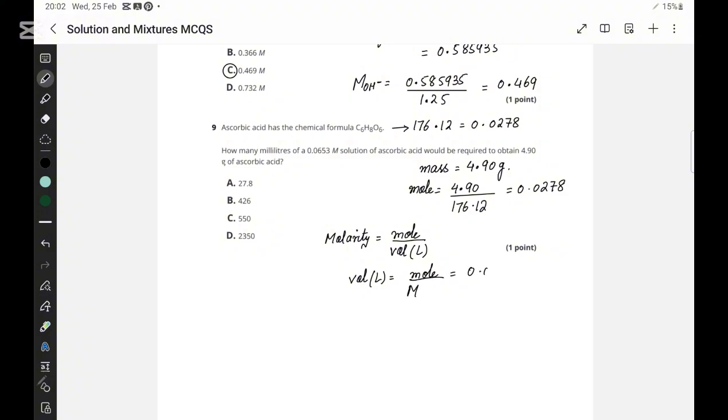Moles is 0.0278, molarity is 0.0653, and the answer comes out to be 0.426 liter, but we have to convert it into milliliters, so I'm going to multiply by 1000. So the answer comes out to be 426 milliliters. The right answer is going to be B.